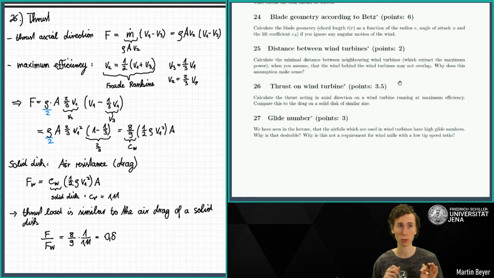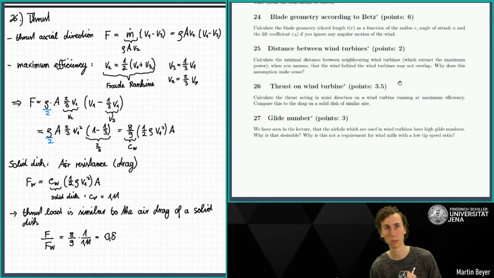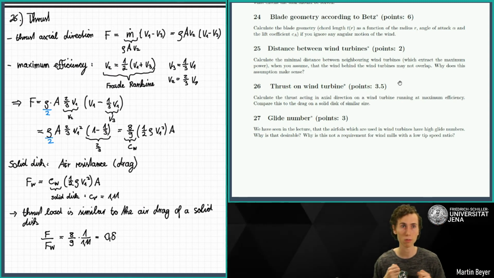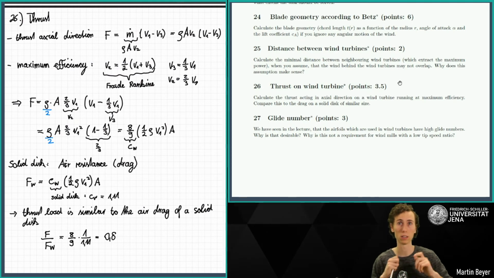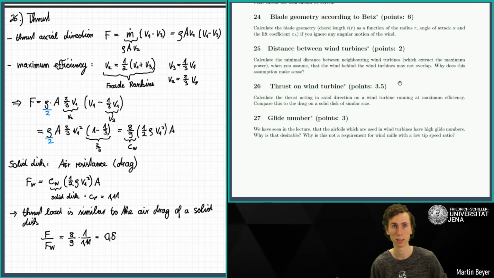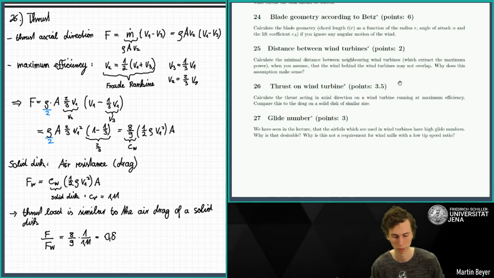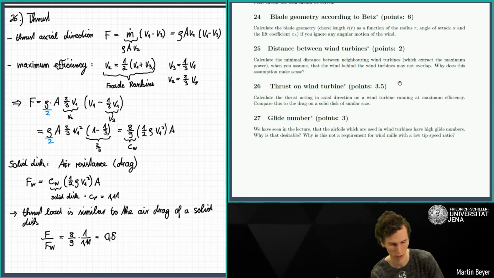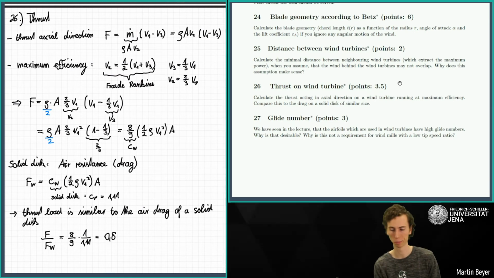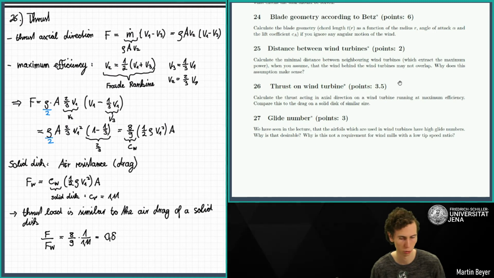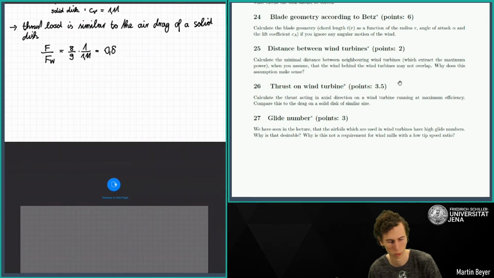So if we are throwing such a big disk with a radius of the length of a rotor blade, the air resistance is comparable to the drag or the thrust that the wind turbine feels when we have some velocity V1 of our wind. So that's actually pretty interesting, I would say. And this was all we want to calculate here for this task.